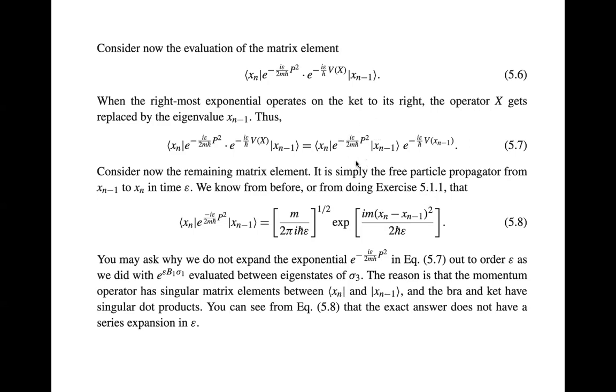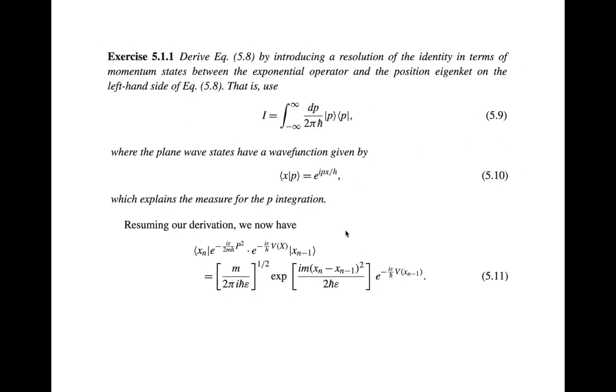You introduce ket p times bra p, and integration over p, and then this acts on momentum and gives the momentum value, and then you just need to figure out the matrix element of x and p. So this is given as homework.